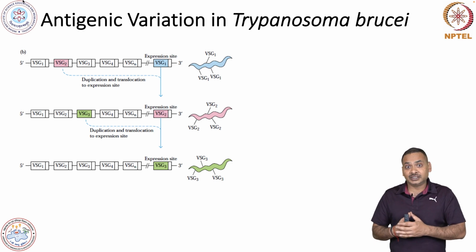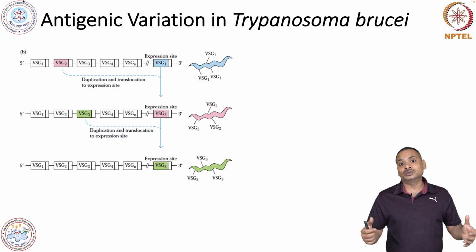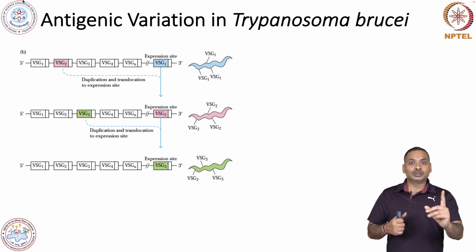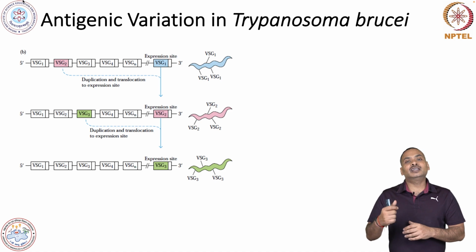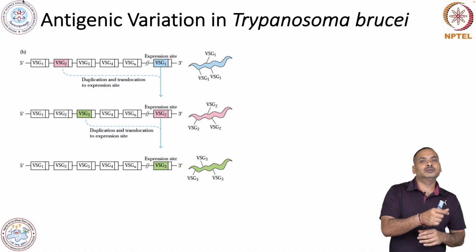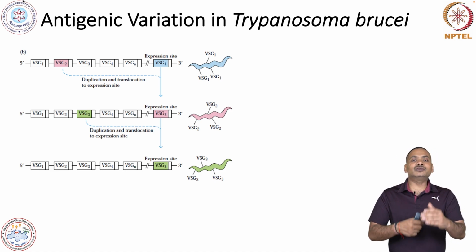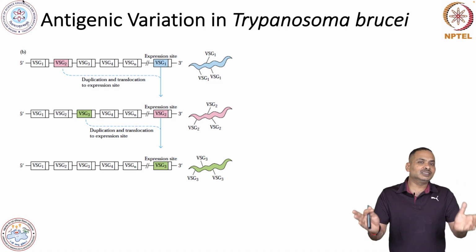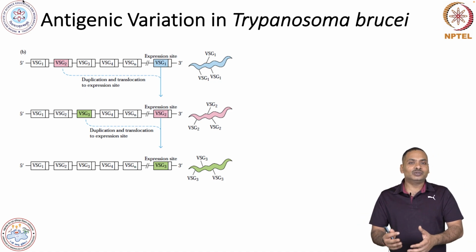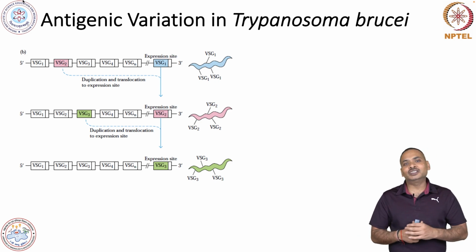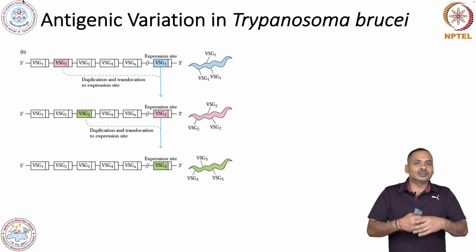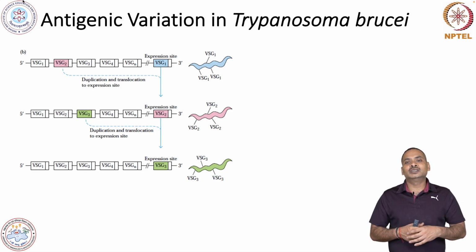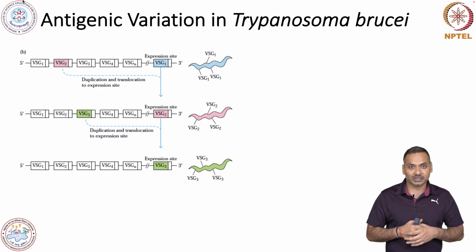As I told you, they have 1000 to 2000 copies of this gene, so there will be a translocation of a VSG at the expression site, and then the previous protein will be replaced. In that way they keep on changing the surface, and very efficiently evade the immunity or antibody-mediated immune responses. This is the strategy by which Trypanosoma brucei successfully evades the immunity.